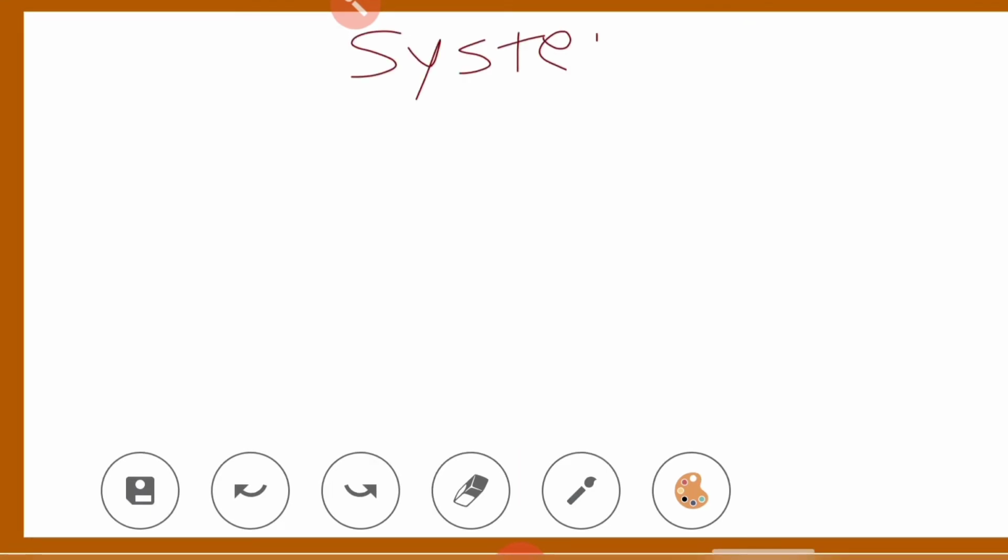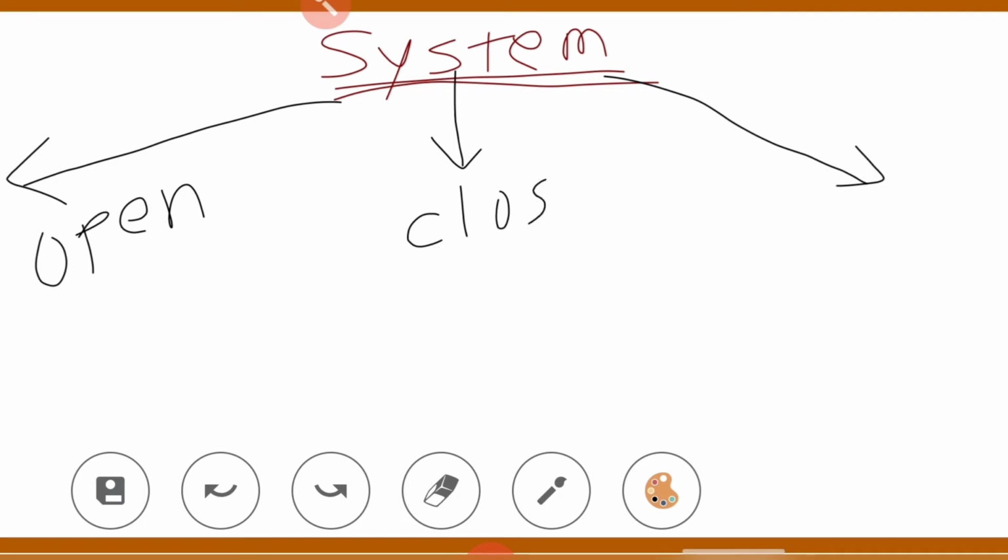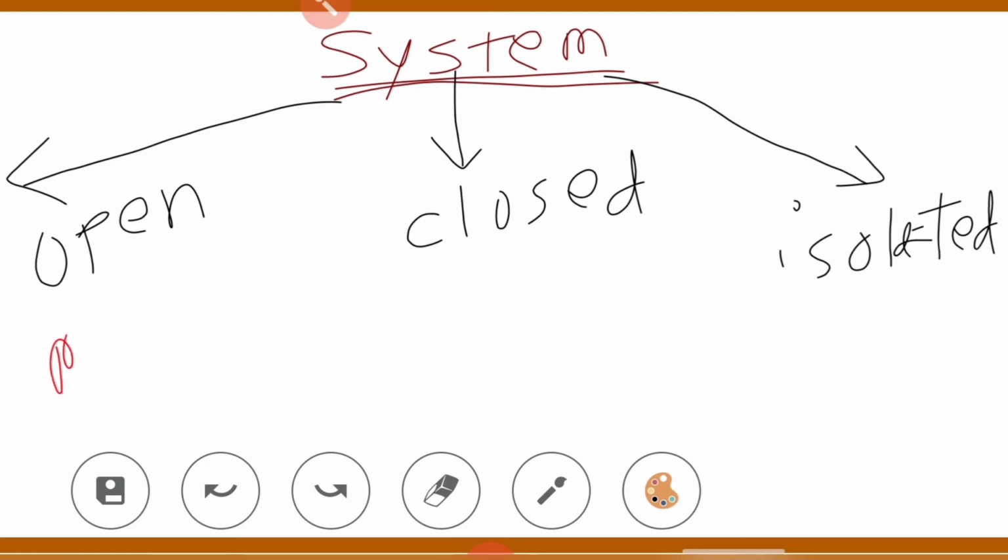In thermodynamics, a system can be open, closed, or isolated. In case of an open system, both mass and energy can transfer from surroundings to system and from system to surroundings.